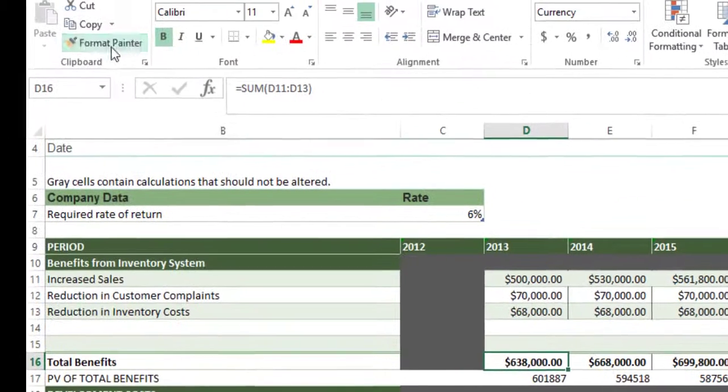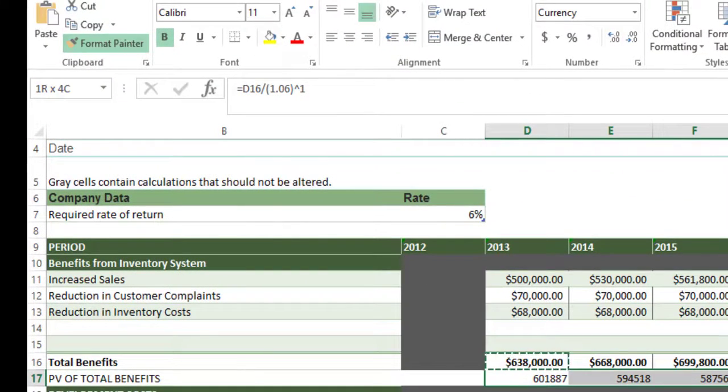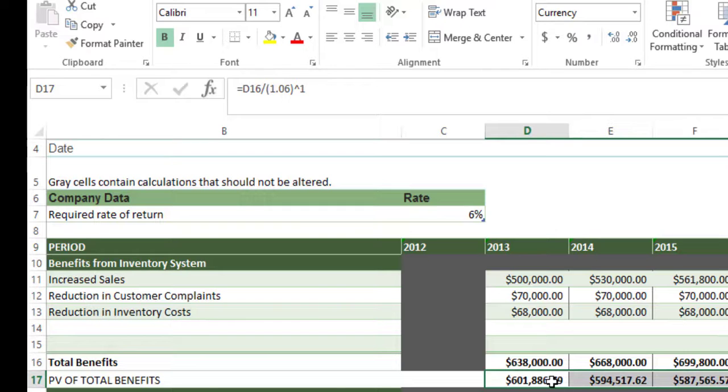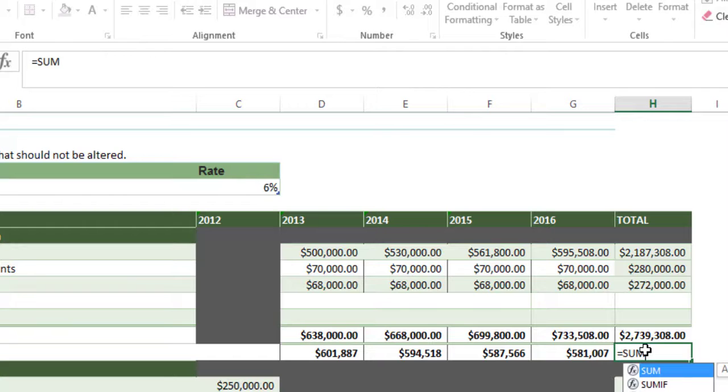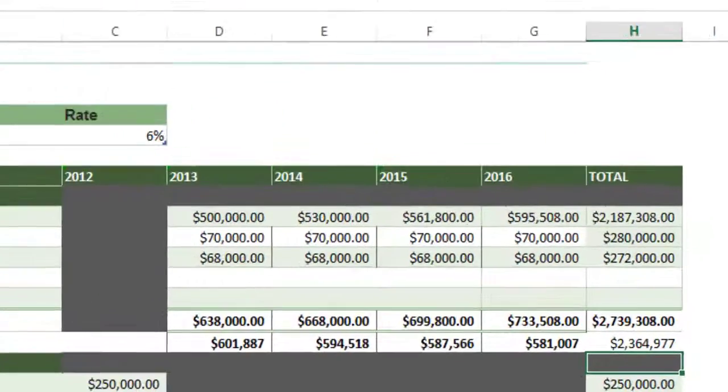We can borrow these formulas. Then we can get the totals for the present value, and we drag that, and it gives us that particular value.